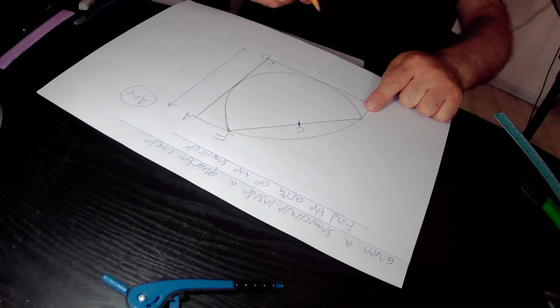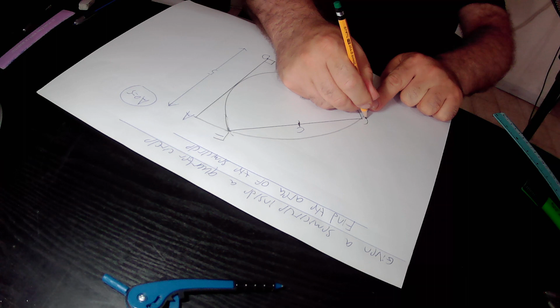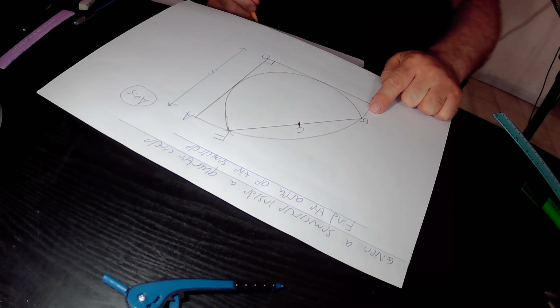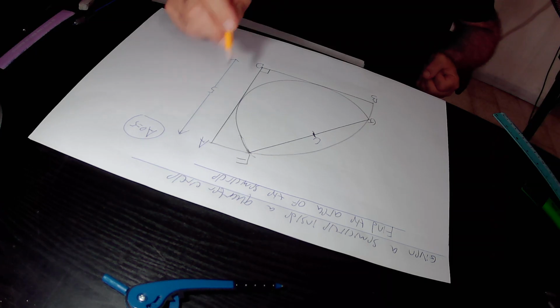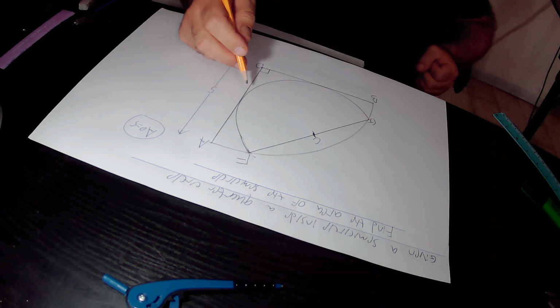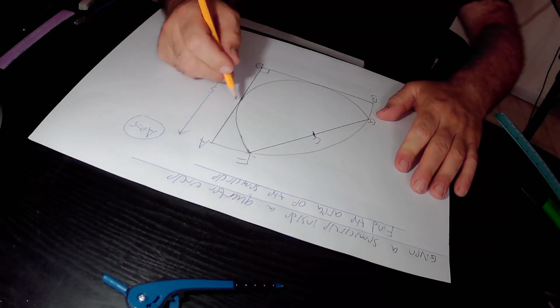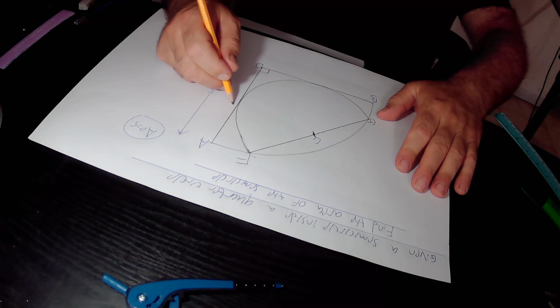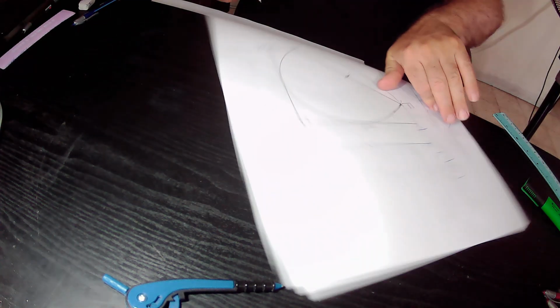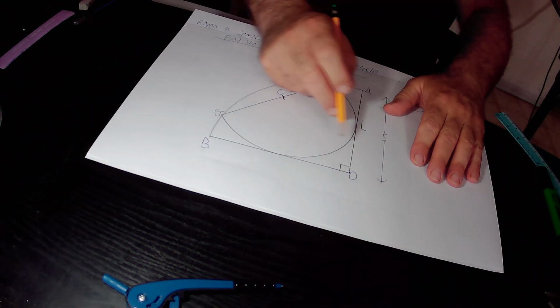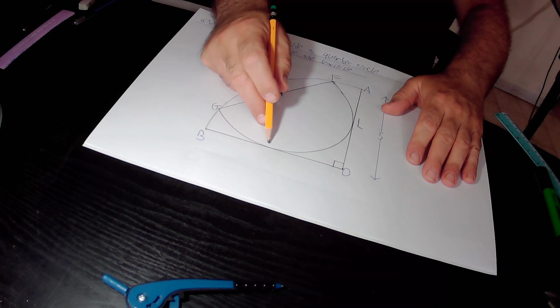This point is point G. We will define the point of tangency of tangent AO with this semicircle. This point is point L. And finally, we will define the point of tangency of tangent OB with this semicircle. This point is point H.